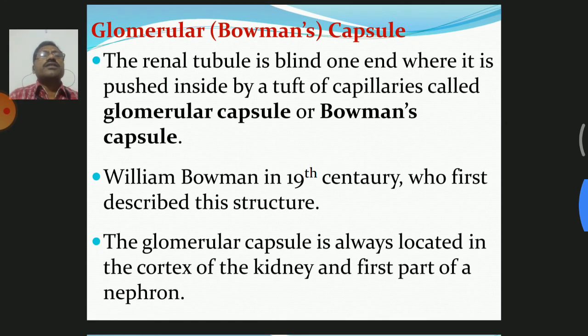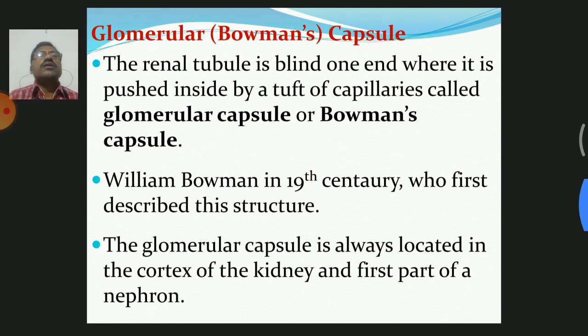The next structure is the glomerular Bowman's capsule. The renal tubule has a blind end, which is pushed inside by a tuft of blood capillaries called the glomerulus, forming the glomerular capsule or Bowman's capsule, with a cup-shaped appearance.